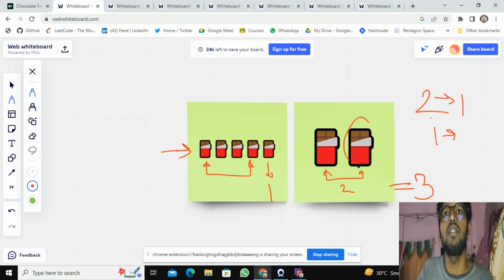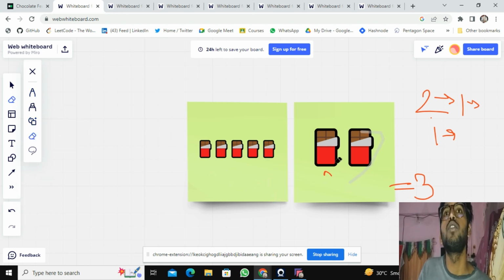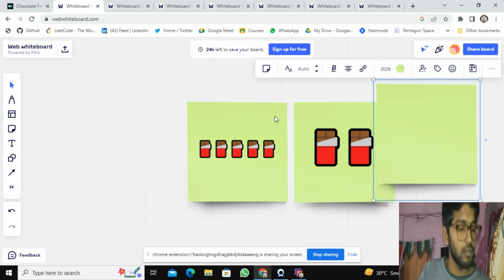So again I'm getting one chocolate in return. I got one more chocolate from here. Okay, simple.